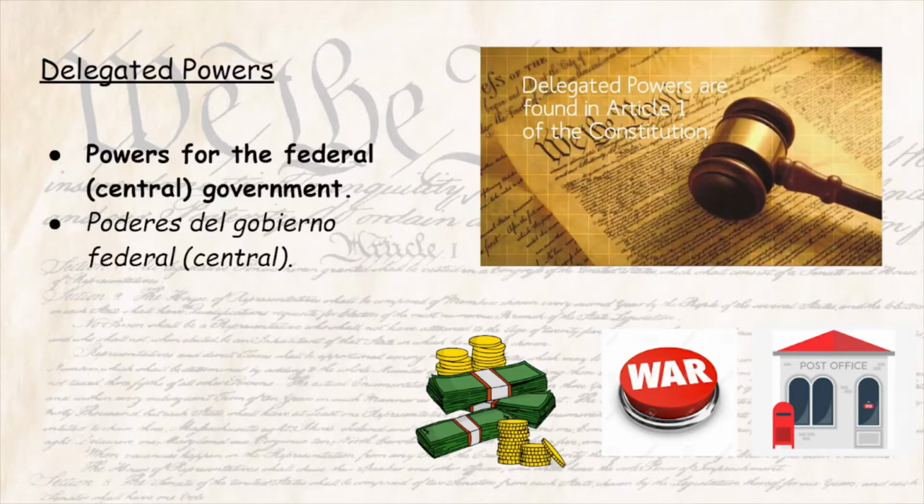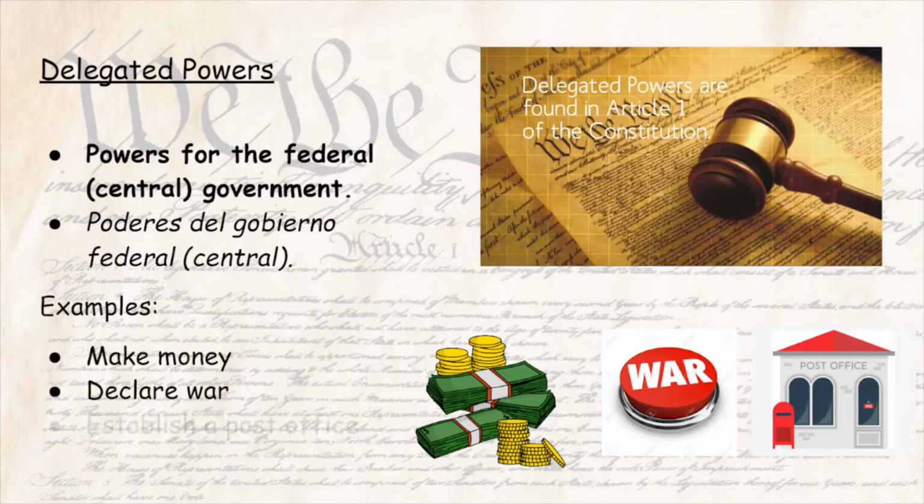Some examples of delegated powers are make money, declare war, and establish a post office. Unos ejemplos de estos poderes son hacer dinero, declarar guerra y establecer una oficina para el correo.